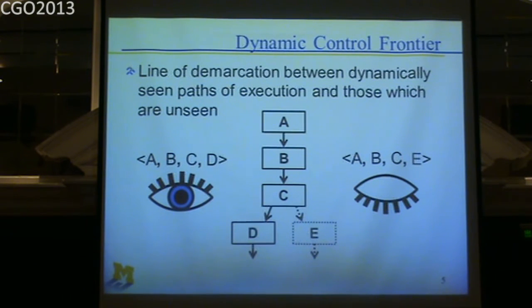This path, A, B, C, E, is a combination of an executed path and the potential continuation of that path left unexplored. And this will be the basis for our intuitive guide to achieve path-based testing. Now, the set of all such paths is the dynamic control frontier for an application.